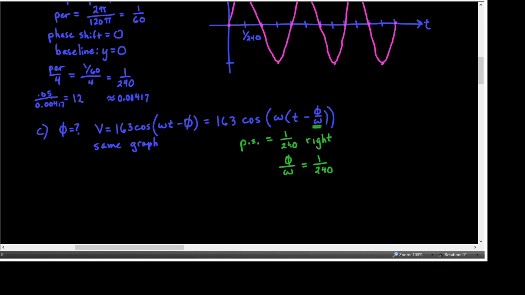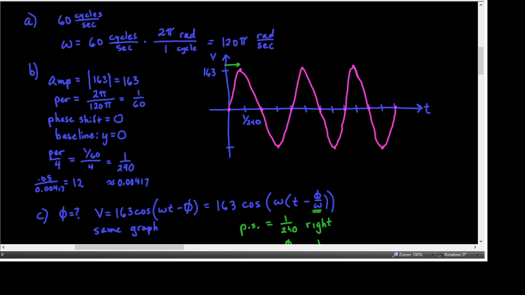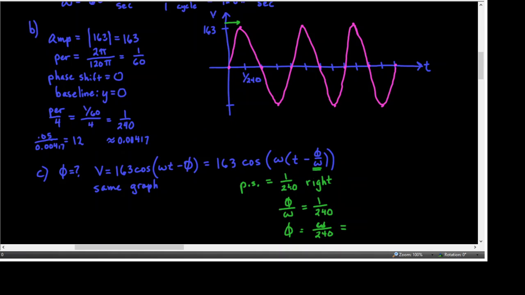Okay, and so we're trying to solve for phi, so we're going to multiply both sides by omega. Almost looks like a W instead of an omega, not very pretty. But anyway, our omega that we got earlier was, how big was omega? 120 pi.